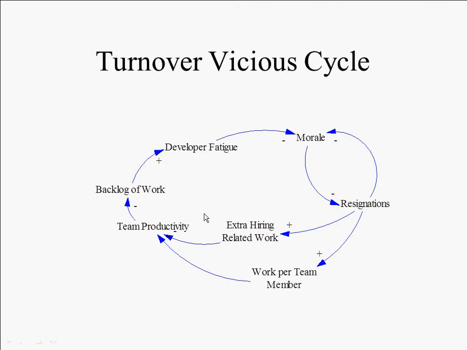Well, that's true for this loop. But how about this loop in the upper right? The morale will be further decreased, which may lead to further resignation, right? So some of your buddies leave the project, and you start thinking about leaving the project, and it gets worse and worse. Okay, so that's good.